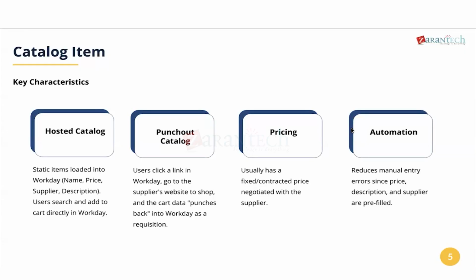Once you create the requisition, through API integrations the message is sent to the supplier's website that they have made a purchase. Further processing, like issuing the purchase order, is also done. So there are integrations wherein Workday and the supplier's website exchange the requisition documents or the purchase order documents.